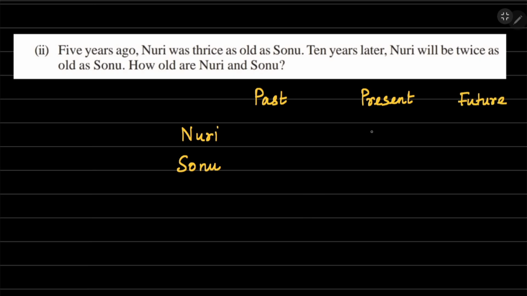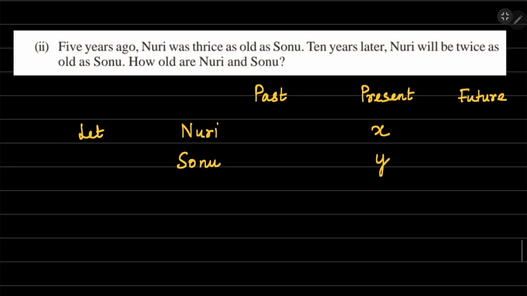Let the present age of Noori be x and let the present age of Sonu be y. 5 years ago, what is the question given? 5 years ago means before 5 years, right? 5 years earlier, what would have been the age of Noori?